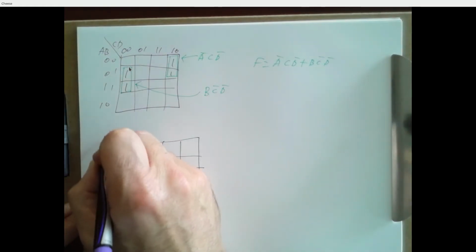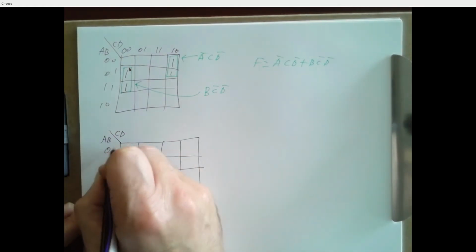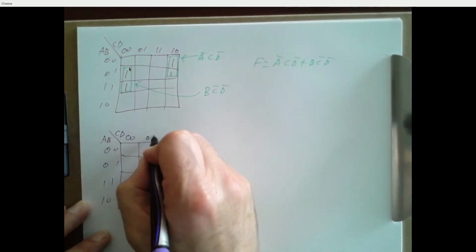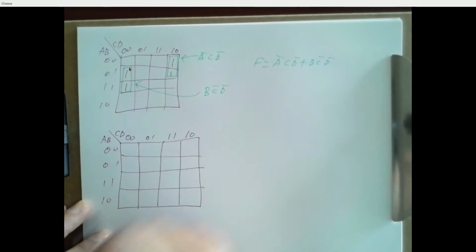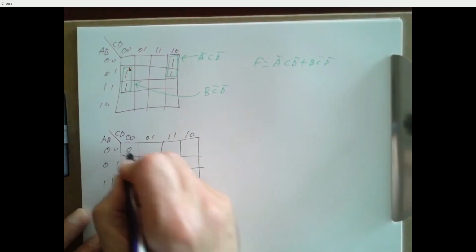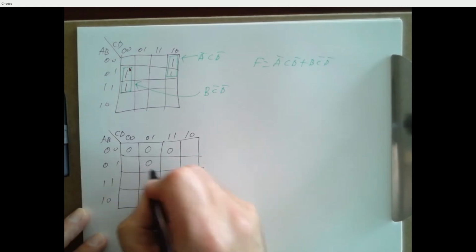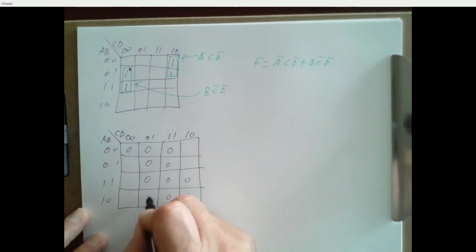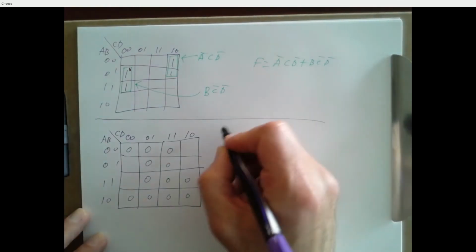And that gets you the correct answer, but it might be confusing on a test, especially to someone else if they haven't seen you do that. So I would stick to just writing in the zeros and then go ahead and cover the zeros for a product of sums.